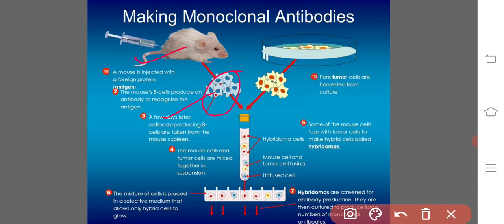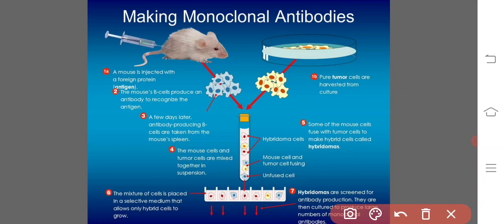Then collect the tumor cells or cancerous cells, myeloma cells, from the tumor of a mouse, otherwise from a culture. And both the cells get fused together.